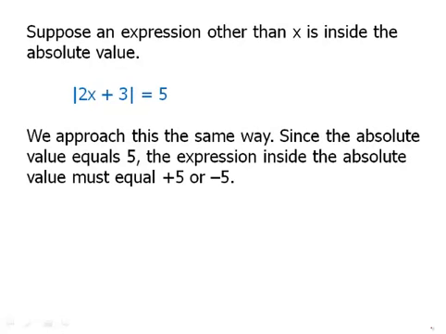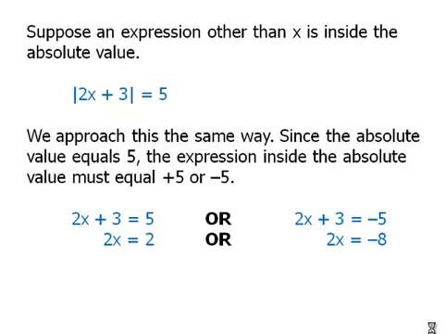So it's very much the same approach. We're going to set that expression equal to 5 and set it equal to negative 5. And of course, this is connected by the word or. And remember, exactly the same way with quadratics, this word or is a mathematical object. It's not a piece of garnish. It's a necessary part of the problem. So we solve the equations individually, and we get x equals 1 or x equals negative 4. And those are the two possibilities.